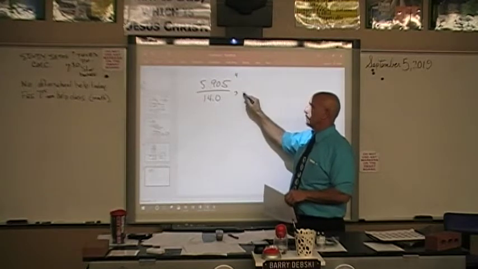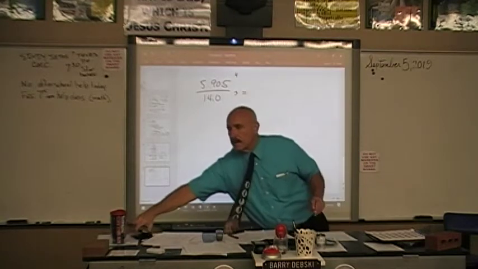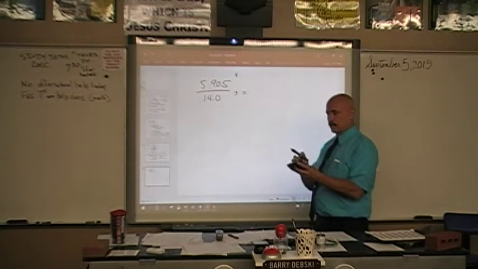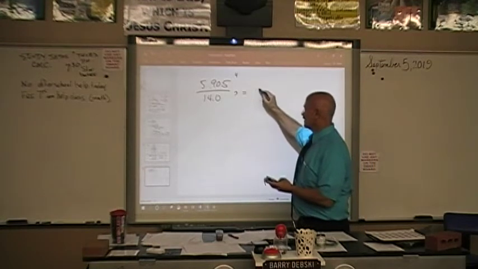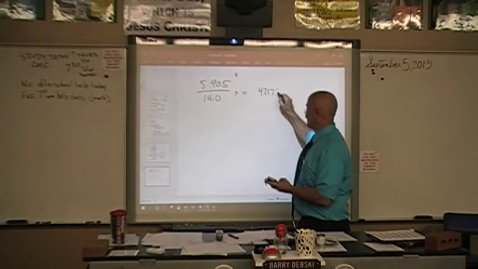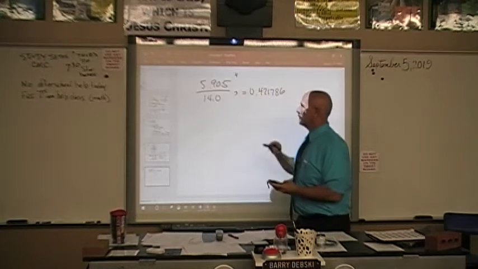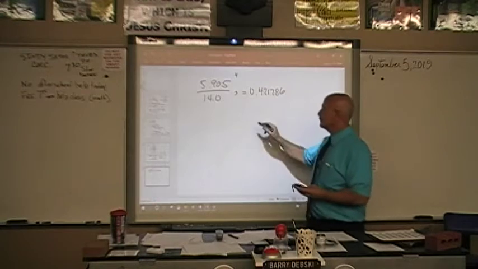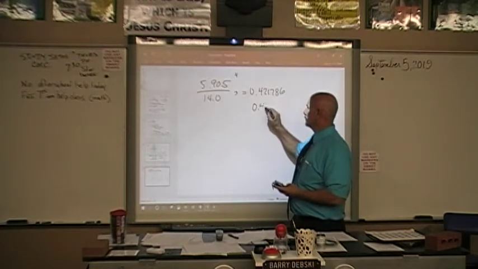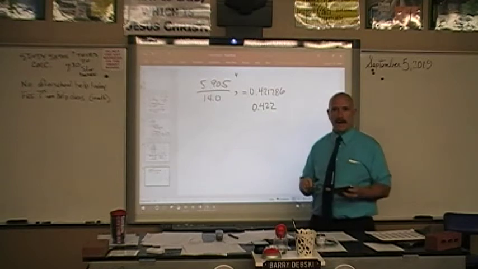So my answer can only have 3 sig figs. Okay? Got the answer? Make me do it. 421,786. 421,786 is what the calculator thinks, and we're going to limit that to 422. Right?